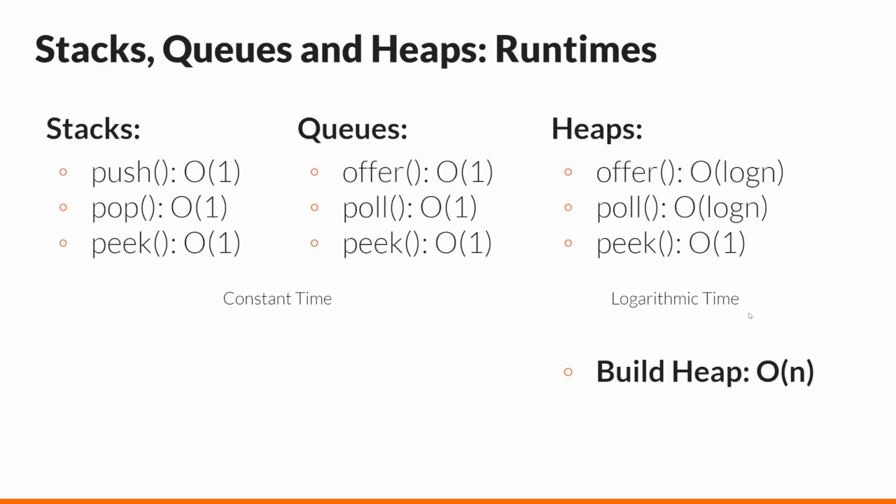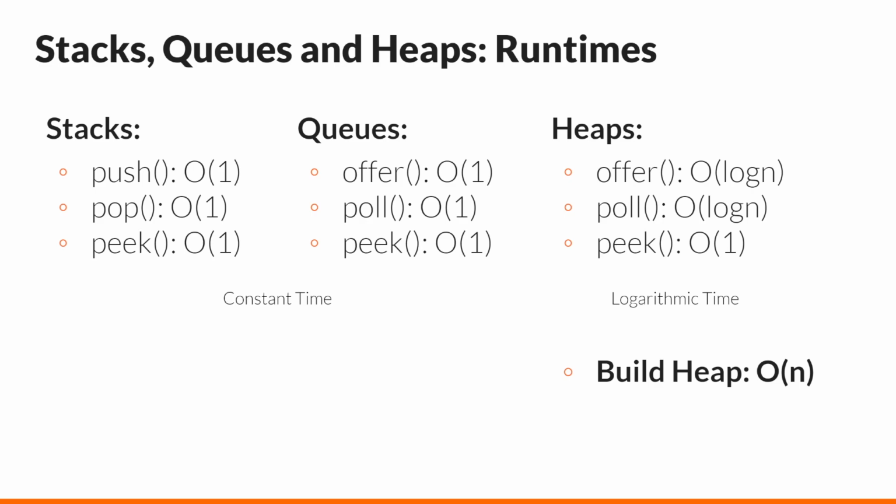But there's a build heap technique, right, which is O of n time. And I'll let those of you who are interested really read more about that technique and why it is an O of n time. And it has to do with some math, right?